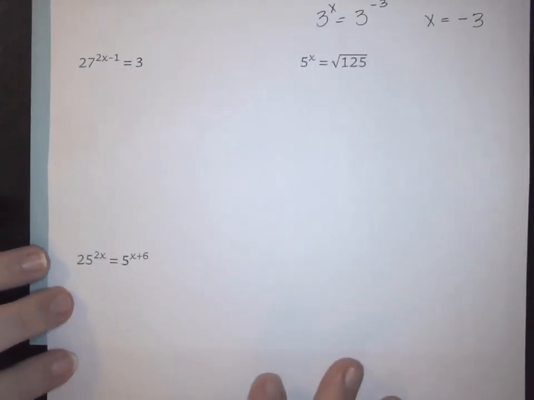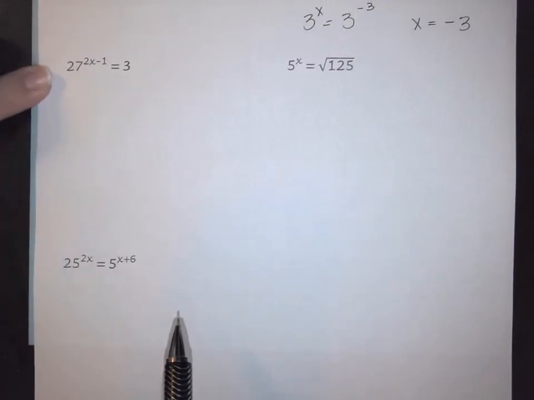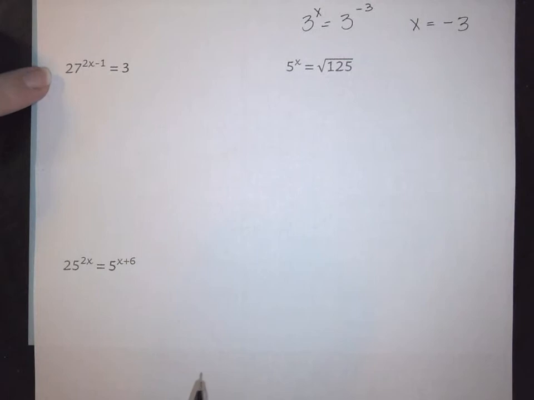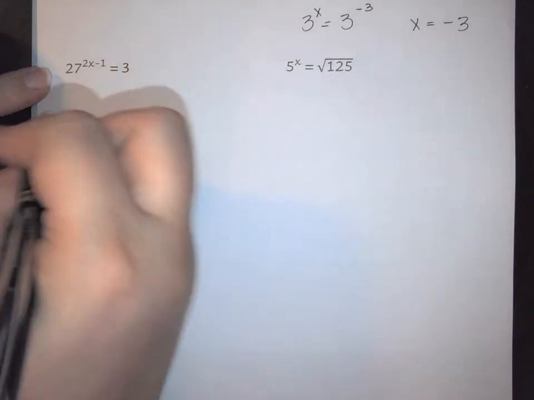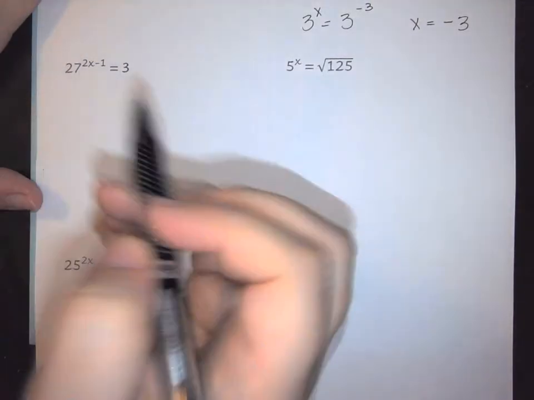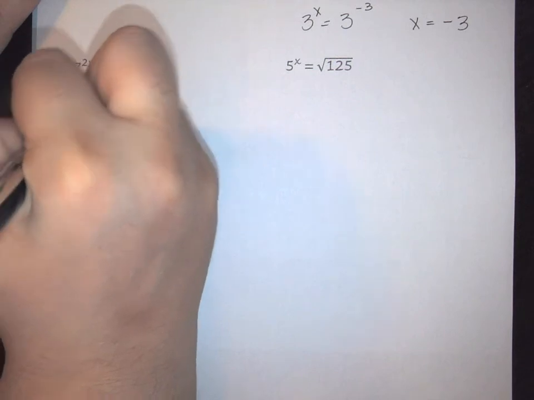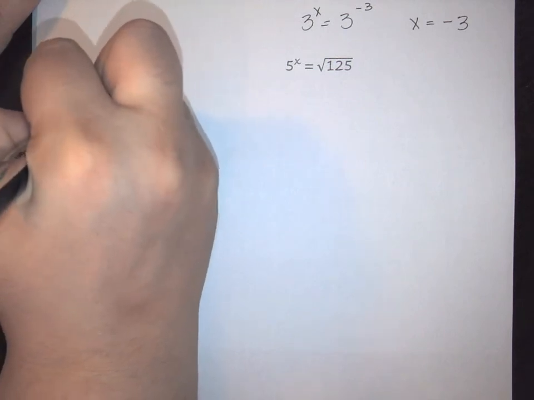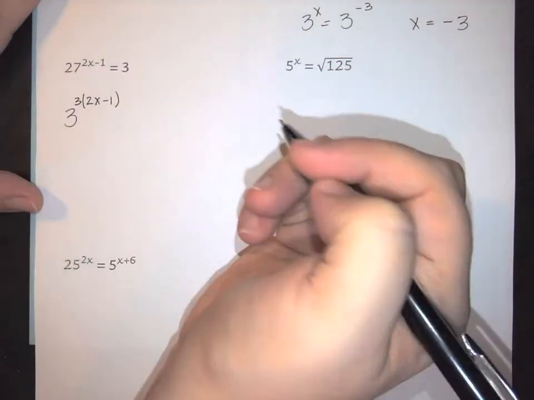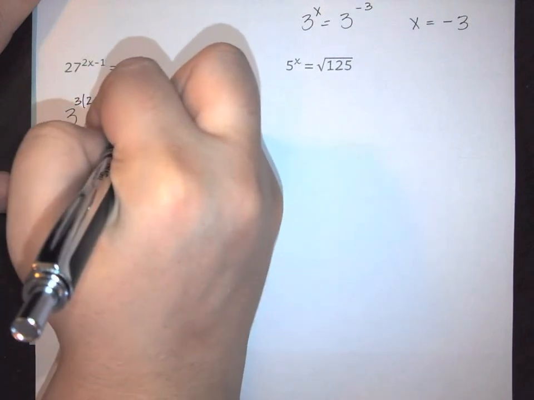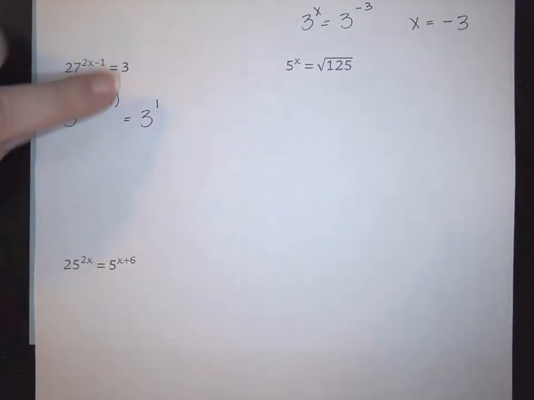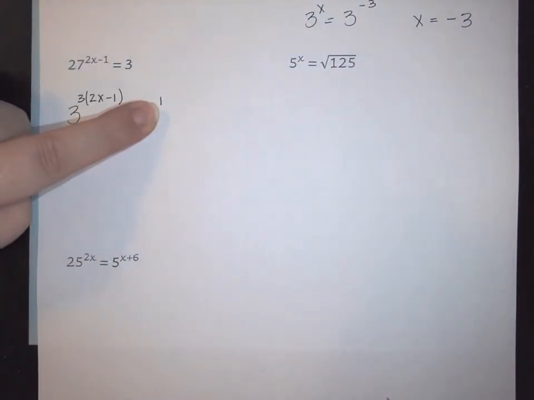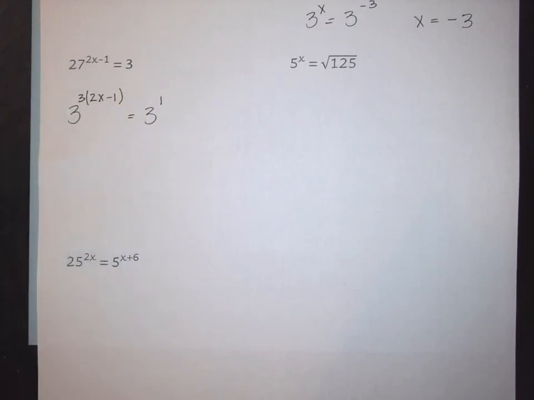Alright, let's do another one. Here I have 27 to the 2x minus 1 is equal to 3. First, I want to make my bases the same, so I can turn 27 into 3 to the third, but then I still have this 2x minus 1 up here, which means this is going to be 3 to the first. I put this first power here specifically because now we can use the rule.